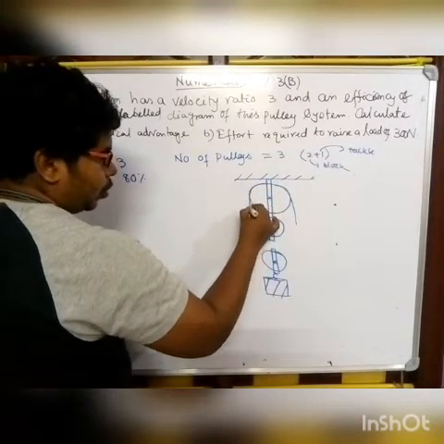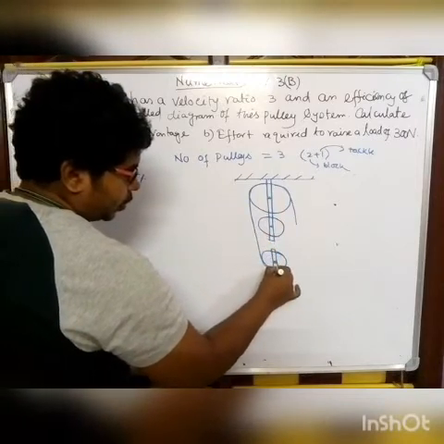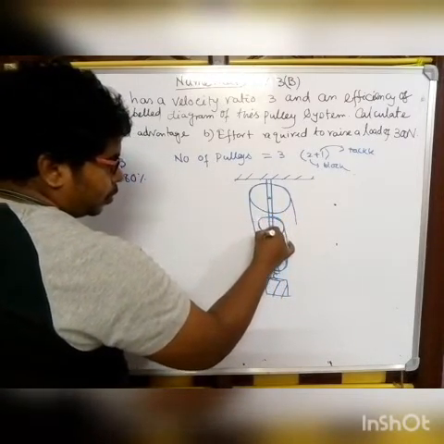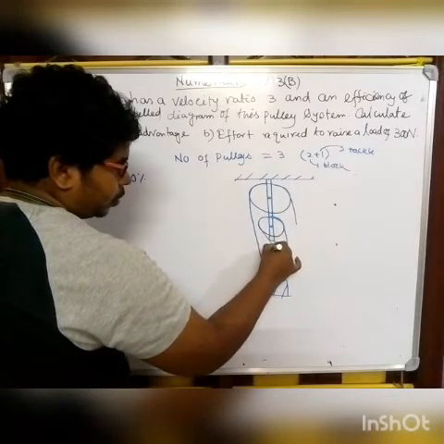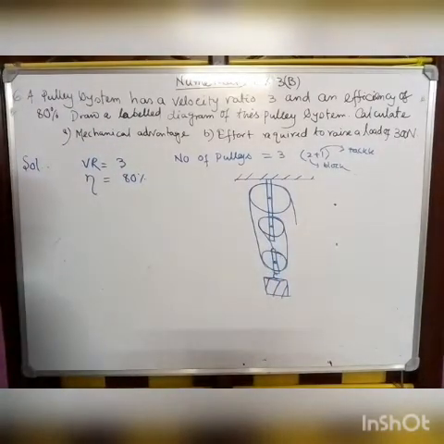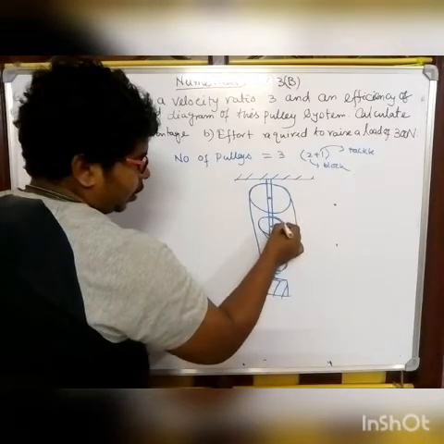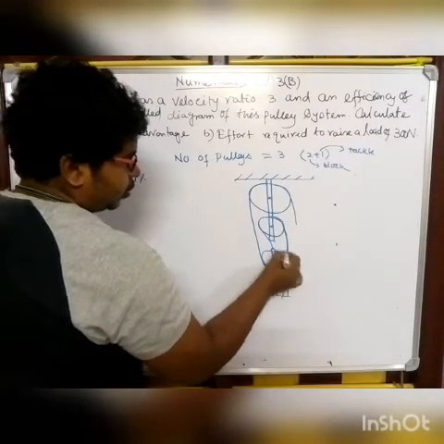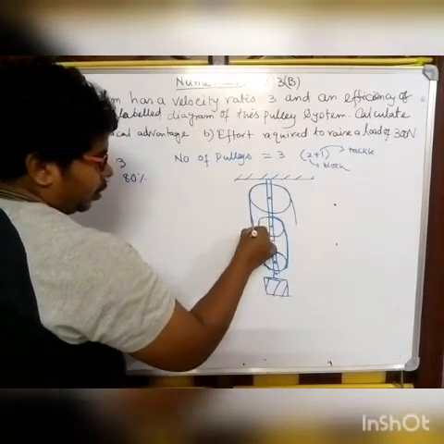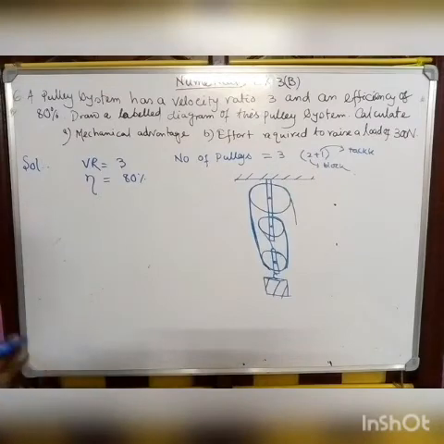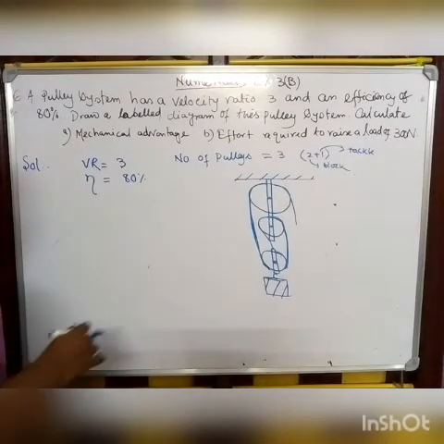Here we have to draw the threads. Remember, I have told you several times that the thread should be straight. Here I have drawn it, but it is a little bit bent; it shouldn't be bent, it should be straight.